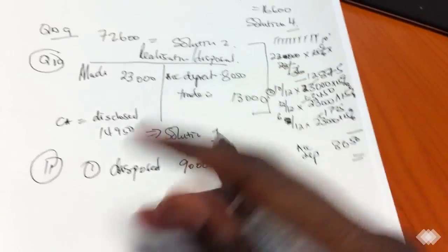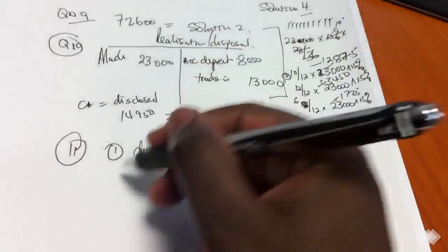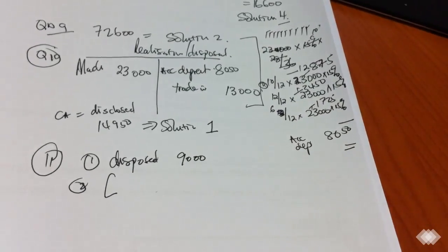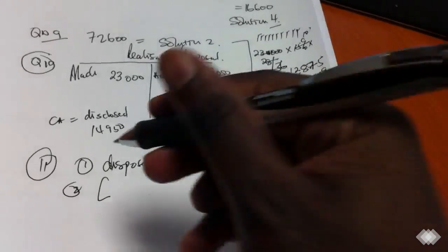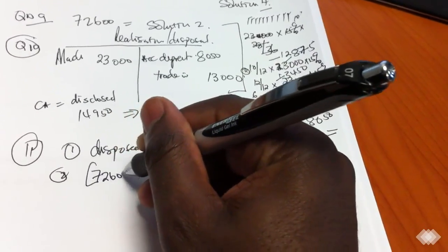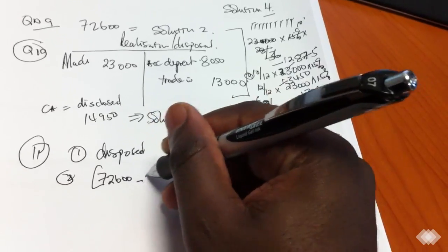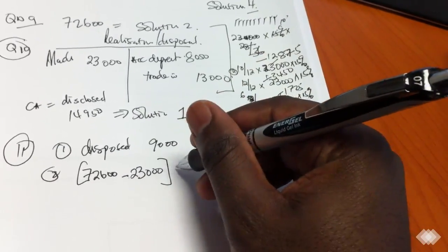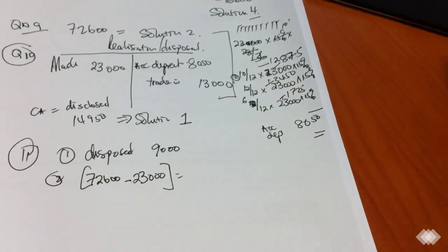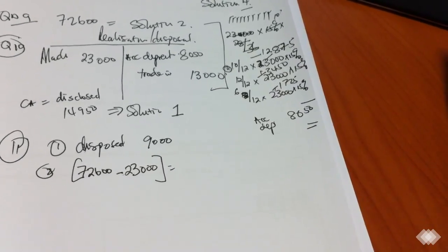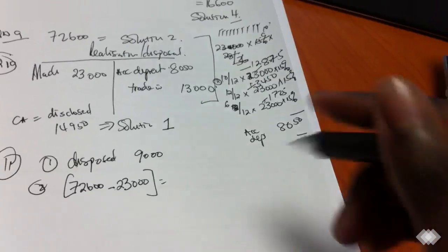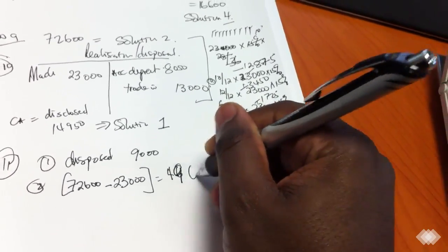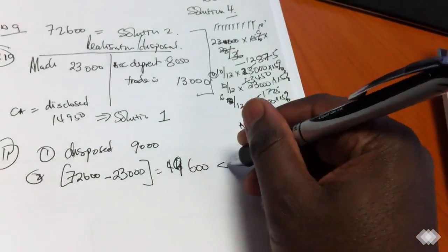Depreciation we're given is 9,000. What about the one that is remaining? 2, we said we had machinery for 72,600. And this machinery we sold 23,000. So how much is the remaining? The remaining 72,600 minus 26,000 is equivalent to 46,600. Let's depreciate this.